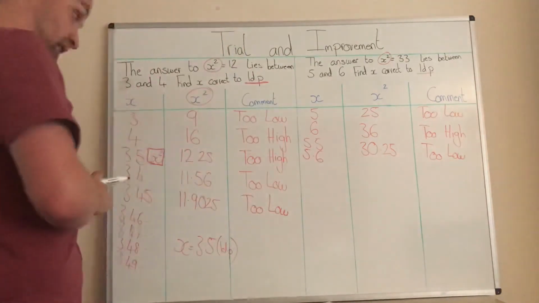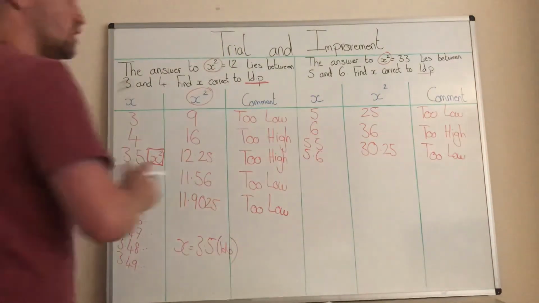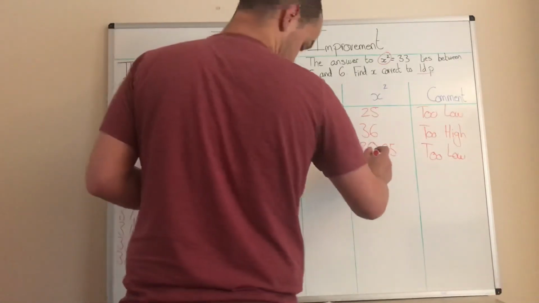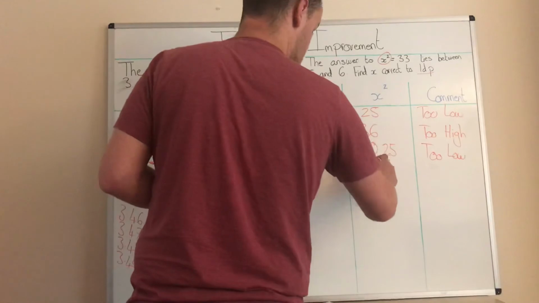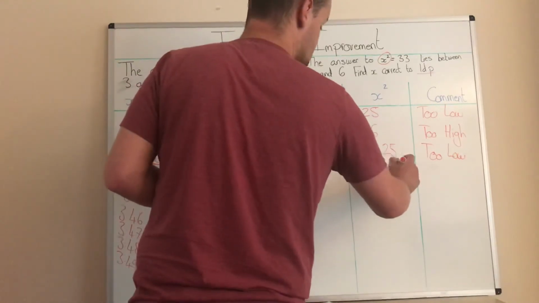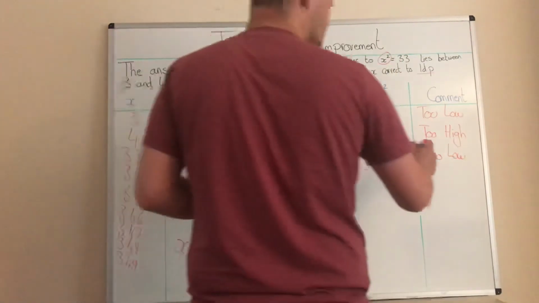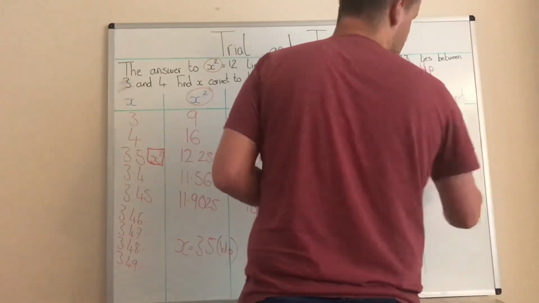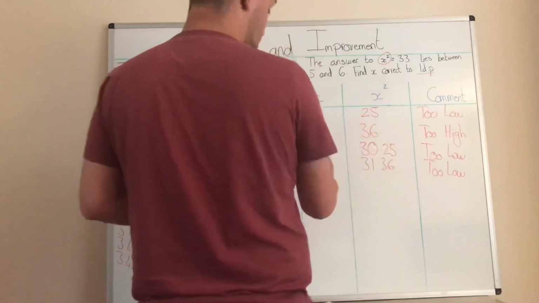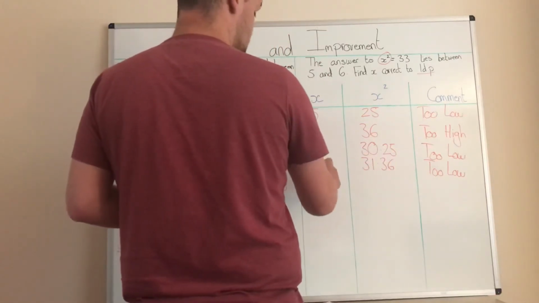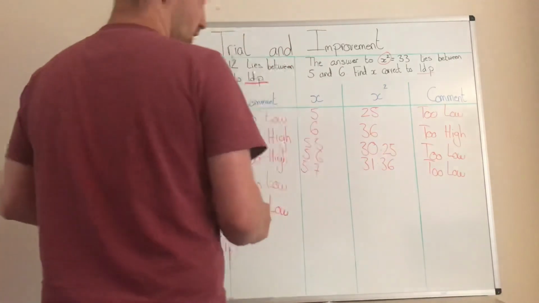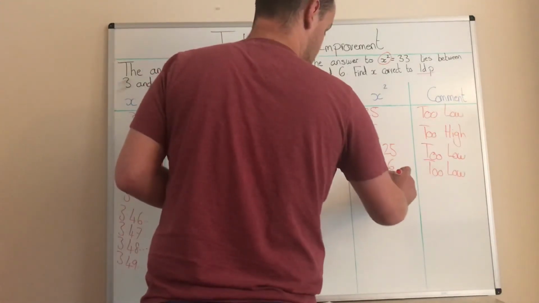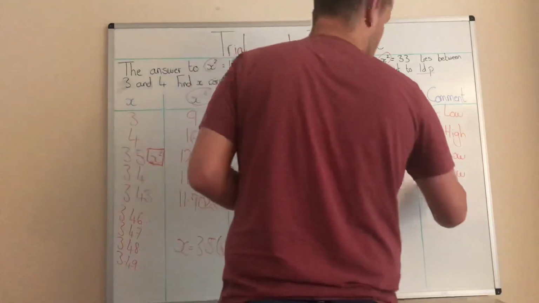So this time we're going to do 5.6. 5.6 squared, so 5.6 times 5.6 is 31.36. We wanted 33, we got 31, too low. You can see the pattern now: too low, too low. So 5.7. 5.7 squared is 32.49, which is still too low.